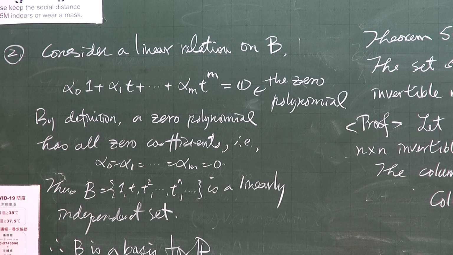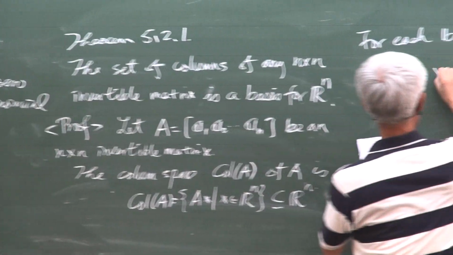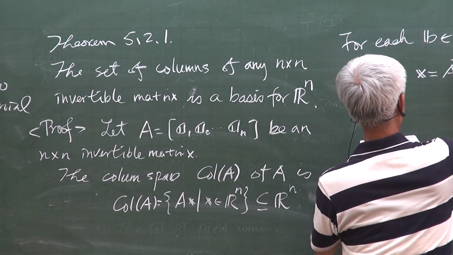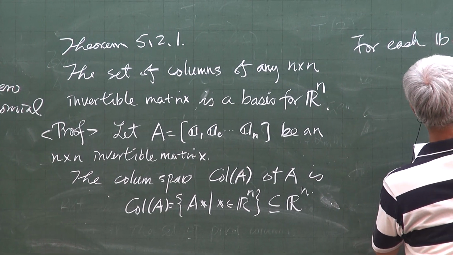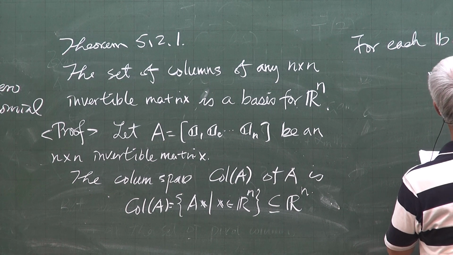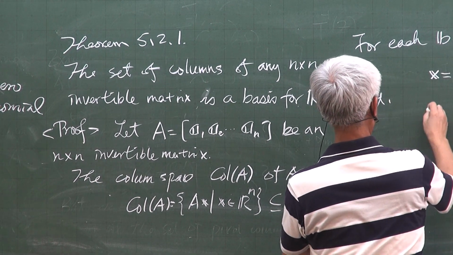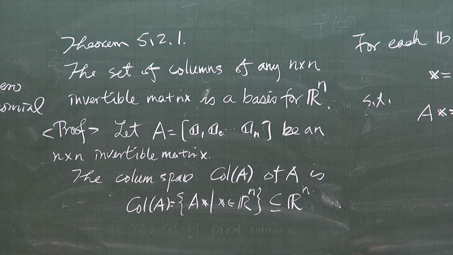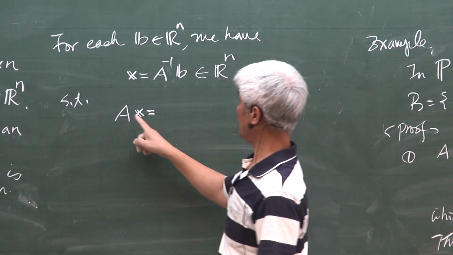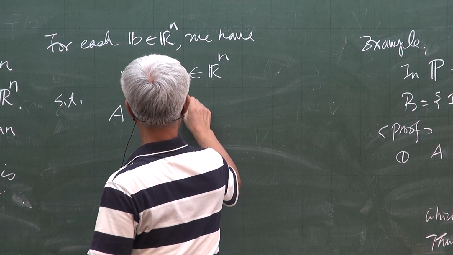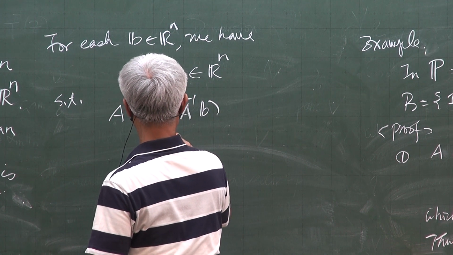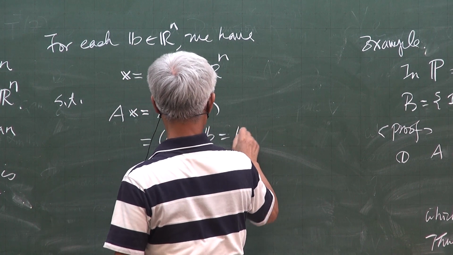Now for each b in Rⁿ, we have x equal to A inverse b in Rⁿ such that Ax equals A times A inverse b, which is b.